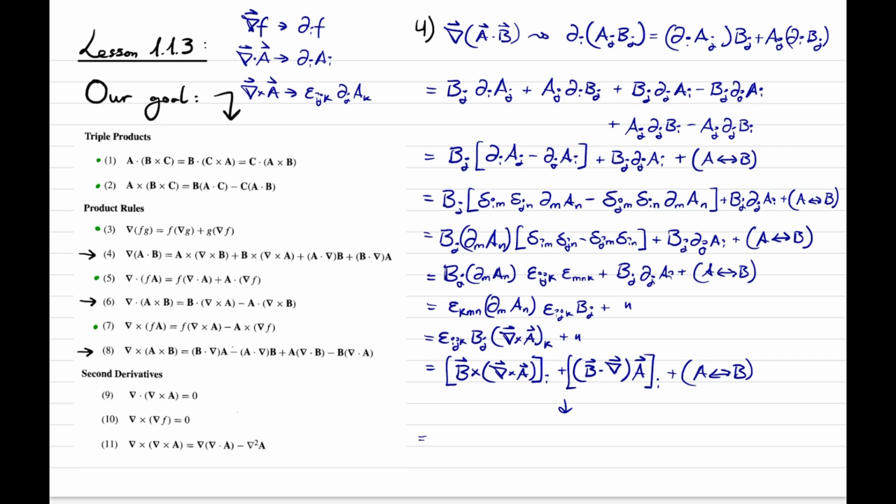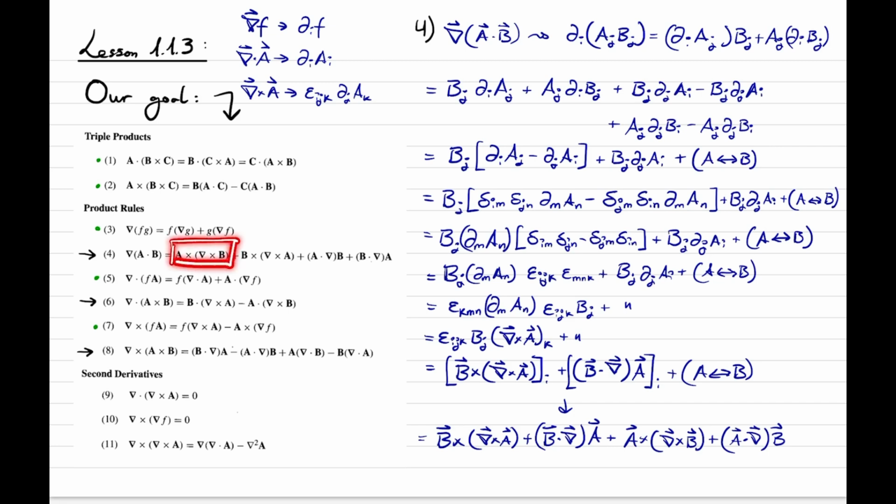So this is just simply B cross curl of A plus the dot product of B with nabla acting on A, and now it's the same thing, but we interchange the B by the A: A cross curl of B plus A dot product with nabla acting upon B. So we can check that this is the same thing.